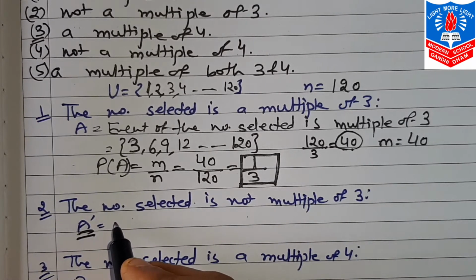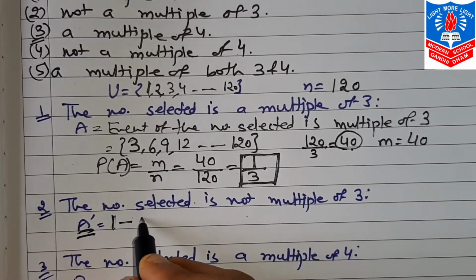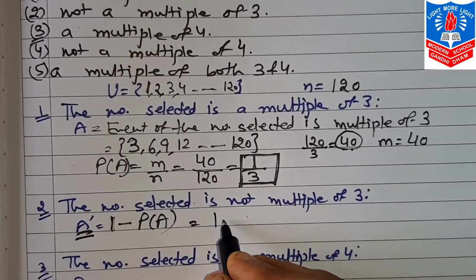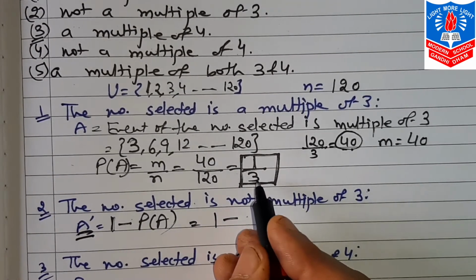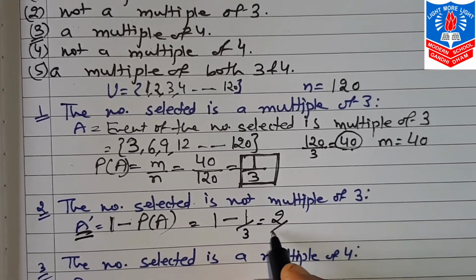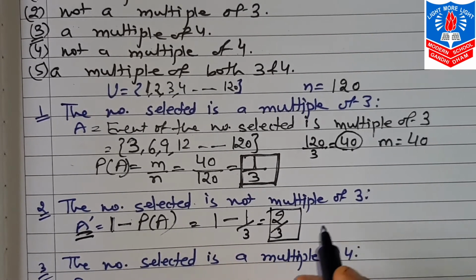How do we find A dash? 1 minus probability of A. Probability of A is 1 by 3, so 1 minus 1 by 3 will be 2 by 3.